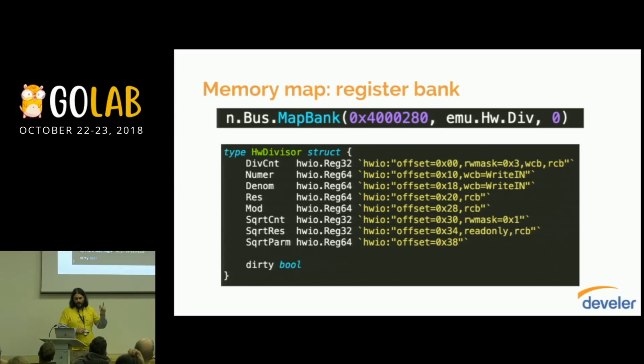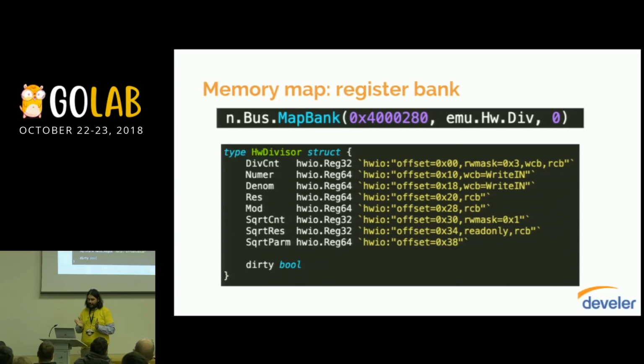If you read that line, it's a 64-bit register, reg64, that's the type of the variable. And with the struct tags, I said that offset is 0x20, so it's 20 hexadecimal from the start of the bank above. So this is placing the register in memory, and when the emulator accesses that address, the execution goes reading directly within this register in this structure.